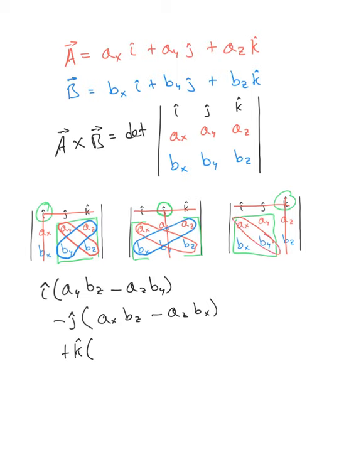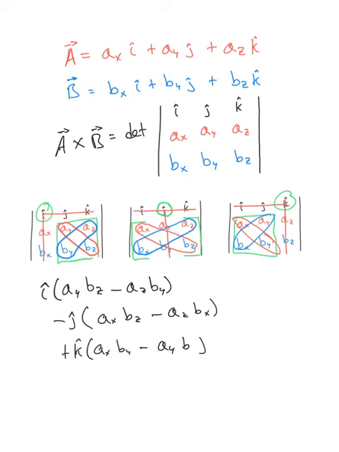That is, AX times BY is going to be the positive component, and then the negative component is going to be AY times BX. So then I'm going to subtract AY times BX.